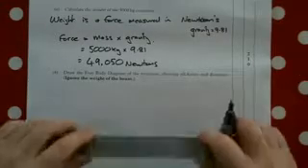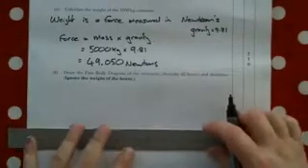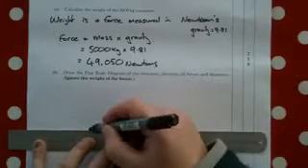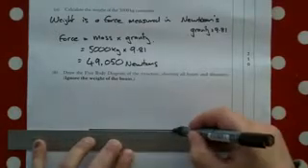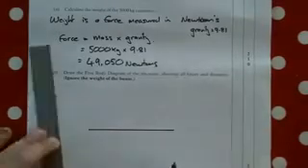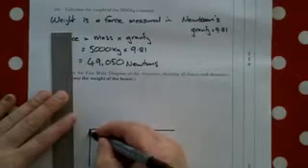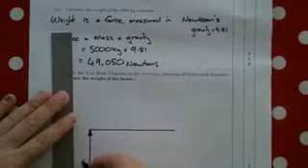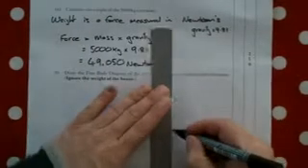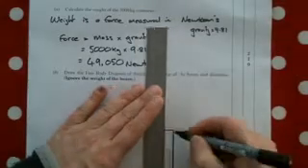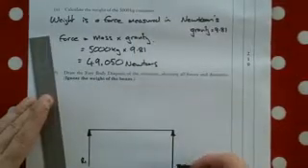Okay, moving on. It says draw the free body diagram. Well, the free body diagram just shows, in terms of lines, all of the distances and forces. So there's a line representing the beam. There is a line representing the reaction R1, and there is a line representing the reaction R2.